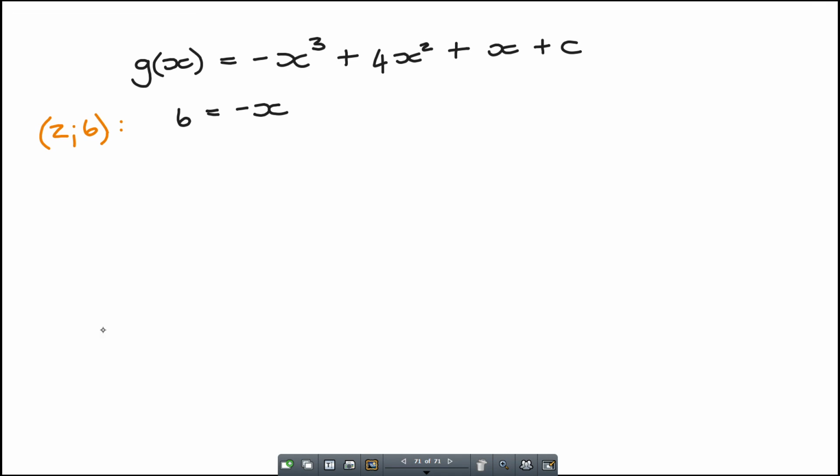Kyk nou wat doen ek, sorry. Minus 2 to die mag 3 plus 4 maal 2 kwadraat plus 2 plus 6. En nou weet ek hoeveel dit is hier. Plus 8 minus 4 maal 2 kwadraat minus 2.